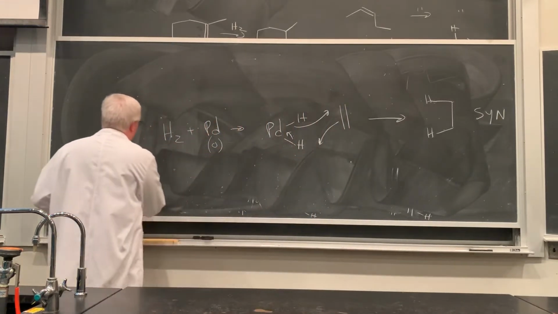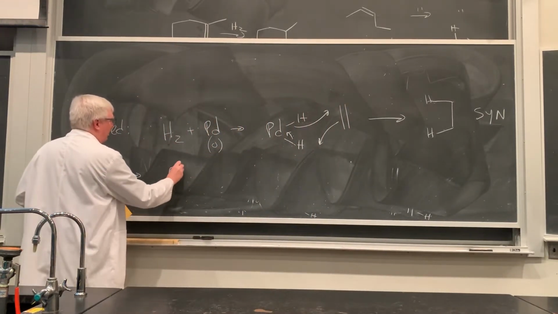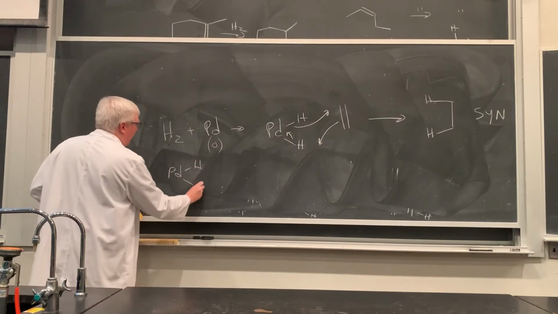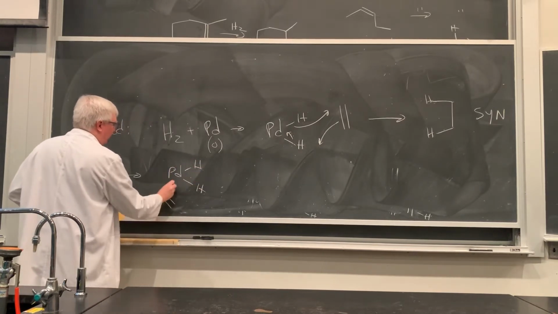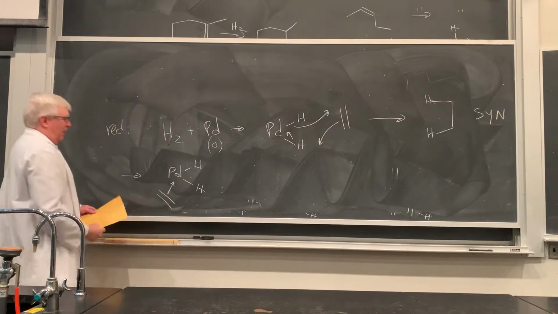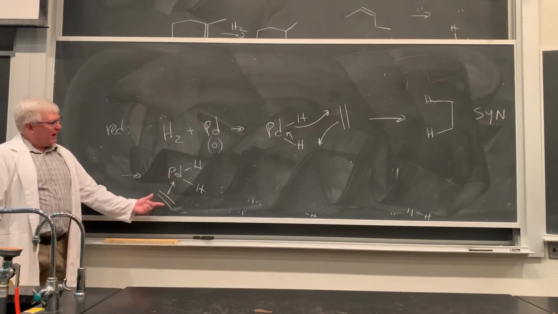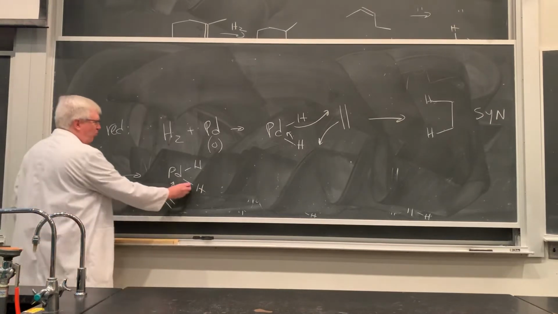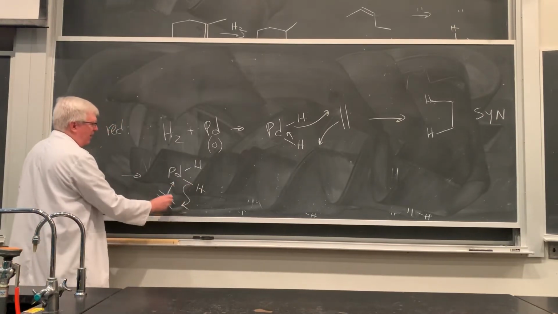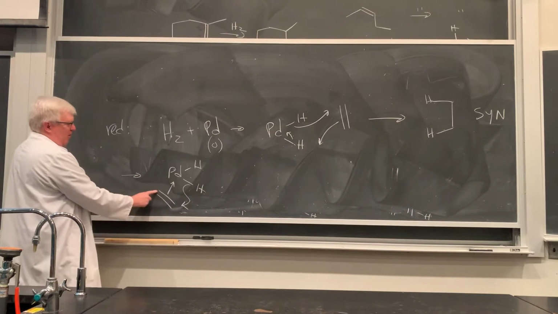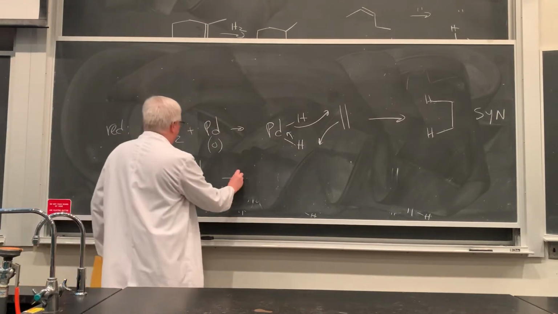Initially, the palladium forms a complex with the alkene that looks like this. This interaction is the pi electrons with an empty orbital on palladium. Then you can get a hydride to transfer over and a new carbon-palladium bond to form here.